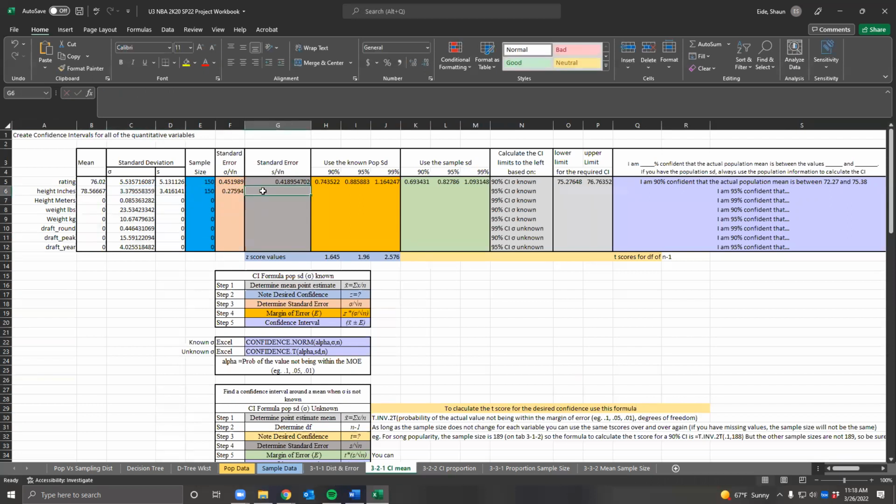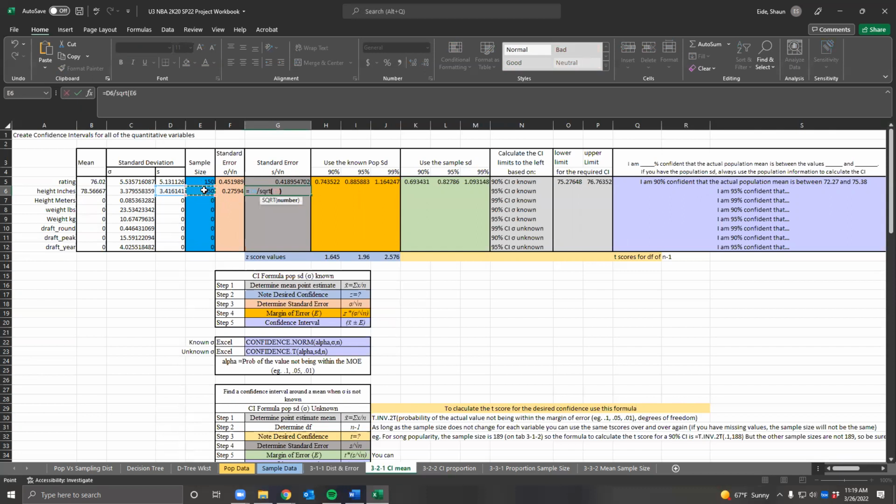Okay. And then also the standard error when you use a sample, you already did that as well. Well, actually you didn't do this one. So it's the sample standard deviation divided by the square root of n. Maybe you did.